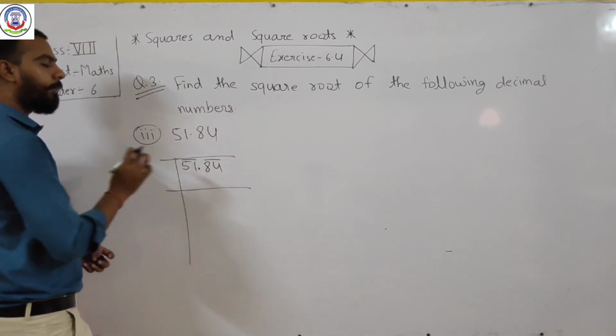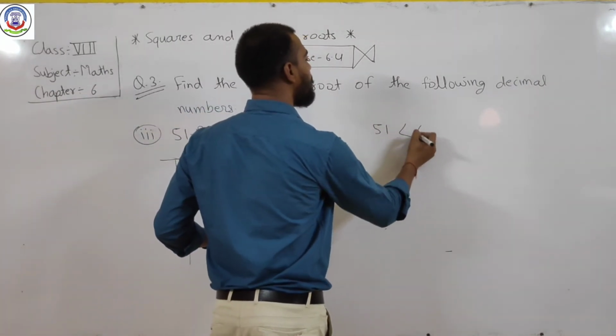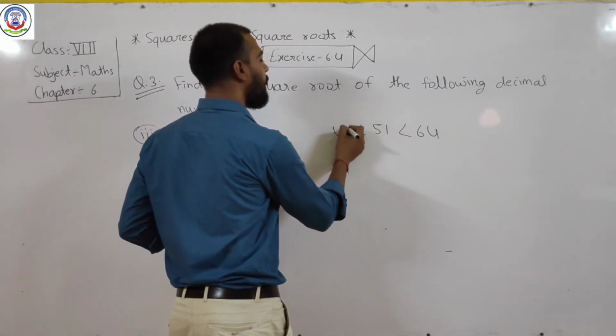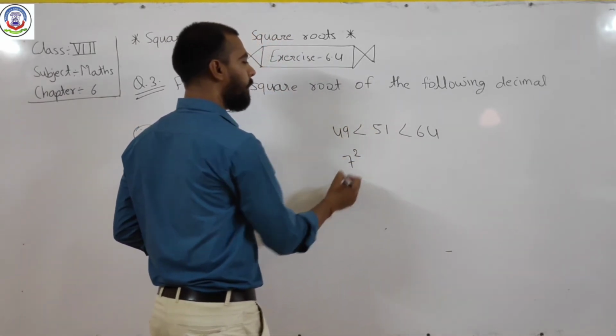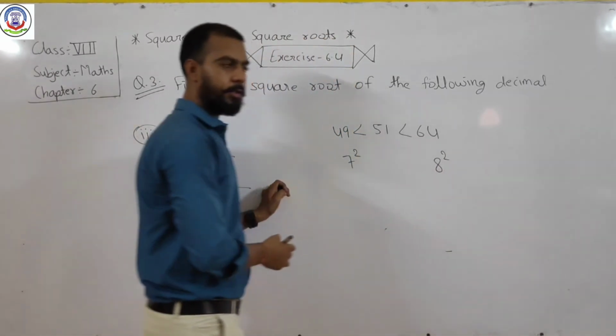Okay, so we have 51, and 51 is less than 64 and greater than 49. 49 is the square of 7 and 64 is the square of 8.